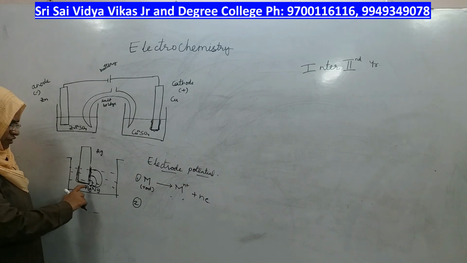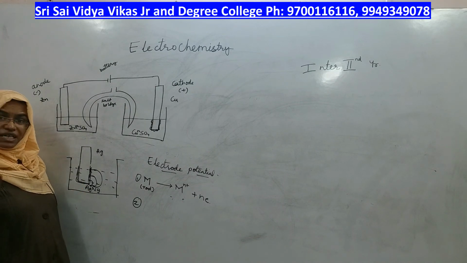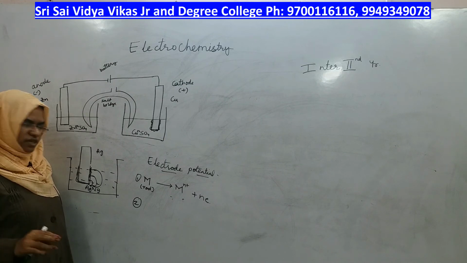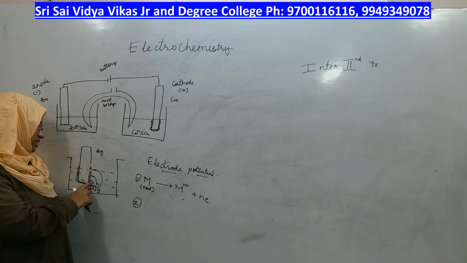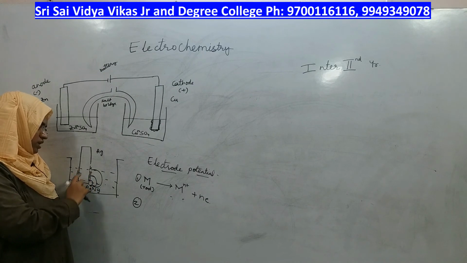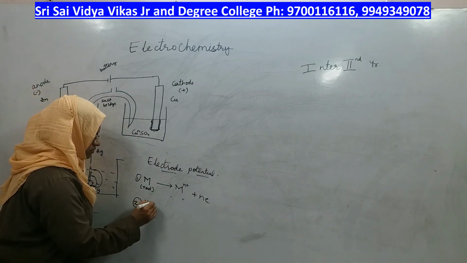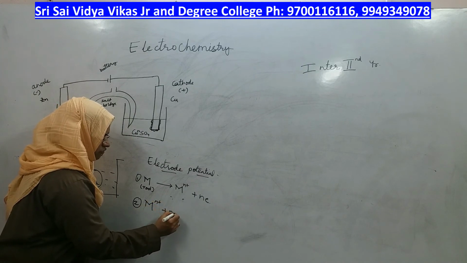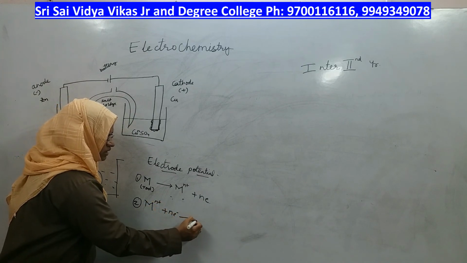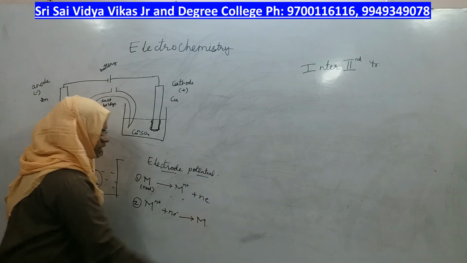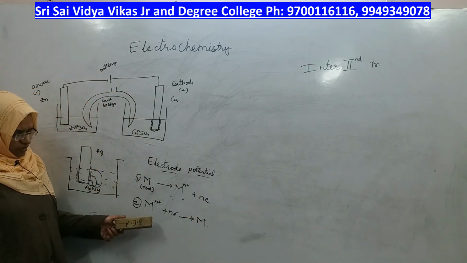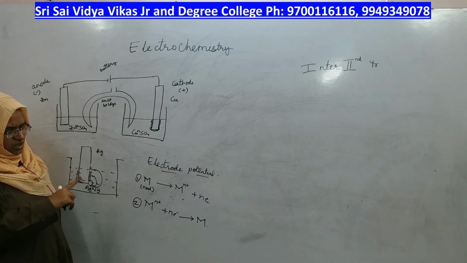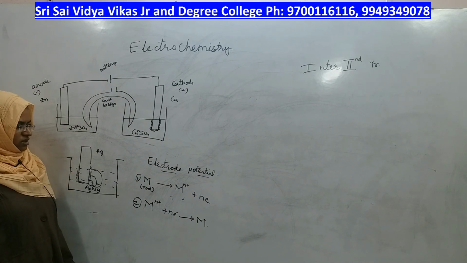From the solution, whatever metal ion is there can gain electrons and get converted into a metal atom and start depositing at the boundary. That possibility is this: metal ion from the solution gaining electrons to become a metal atom, right? Whatever metal you take, it always has two possibilities, oxidation as well as reduction, right?